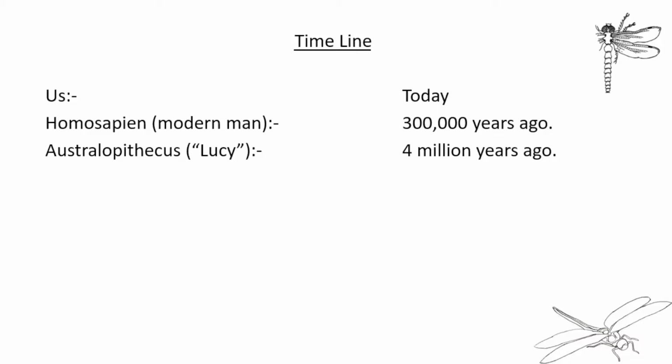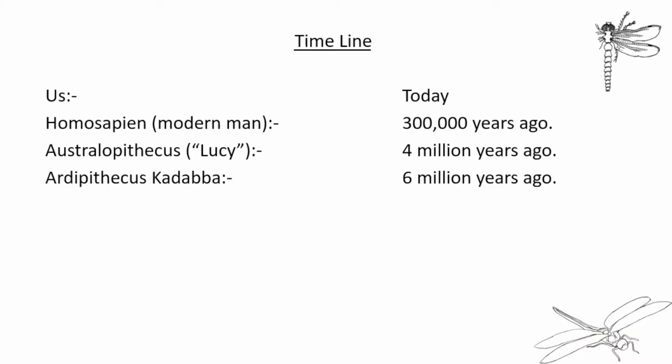Running alongside us through that period of time have been all the other types of hominids, Cro-Magnon, and the rest of them, all running in parallel. They've all died out and left us as the only ones still surviving.